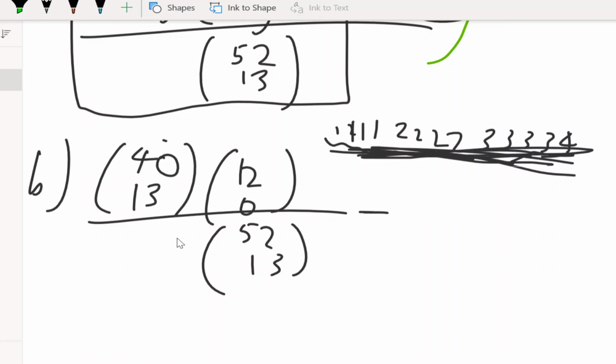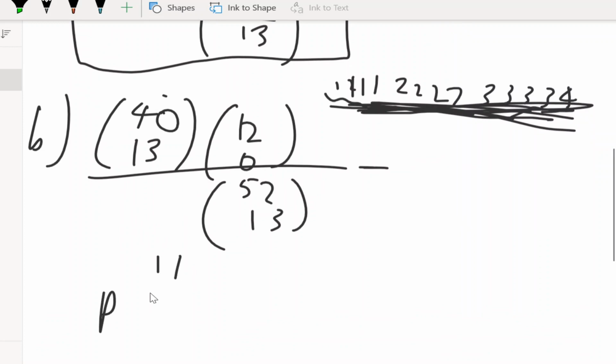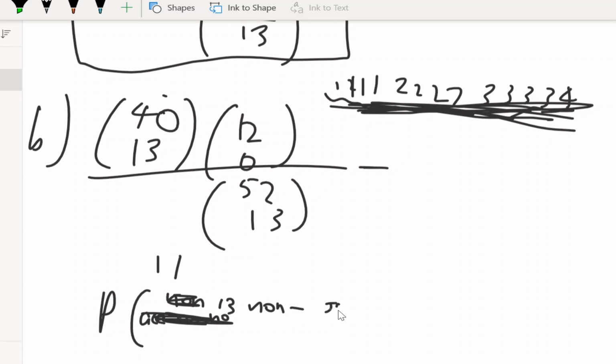So we'll say this is P of, actually let's just write P of 13 non jack, queen, or king.